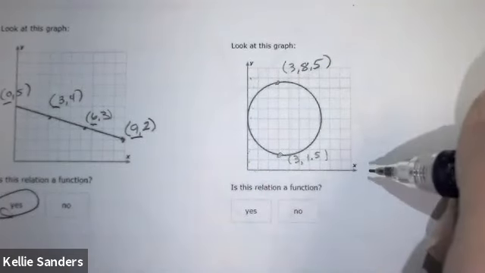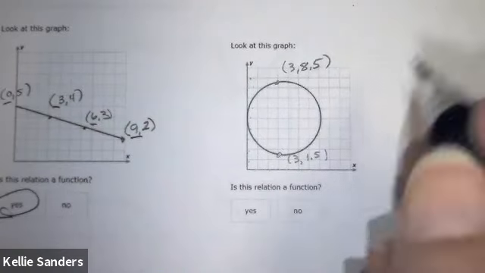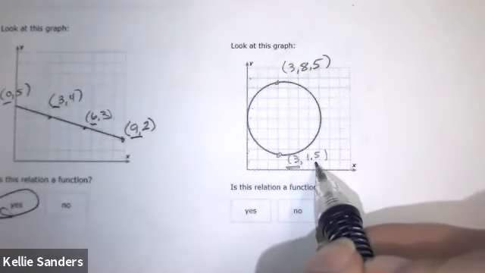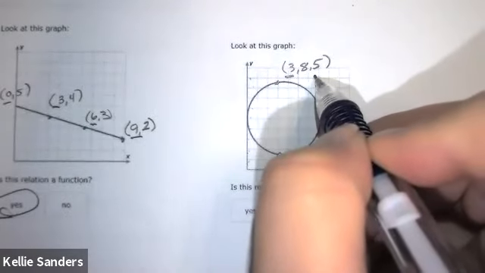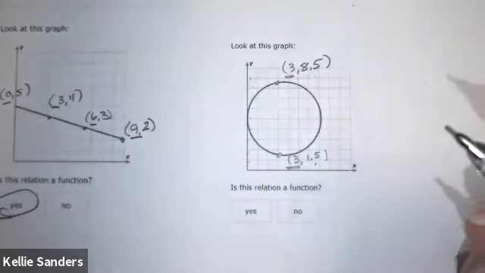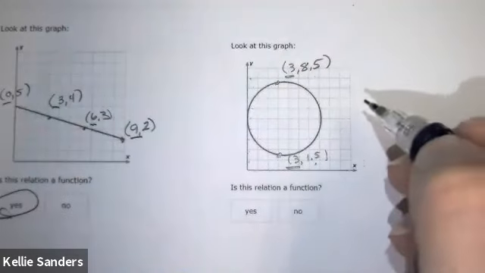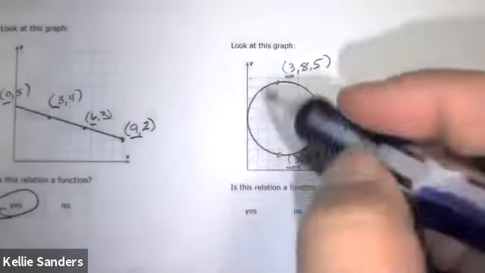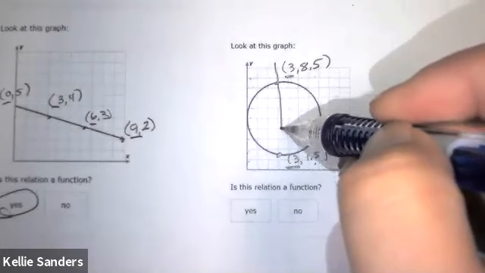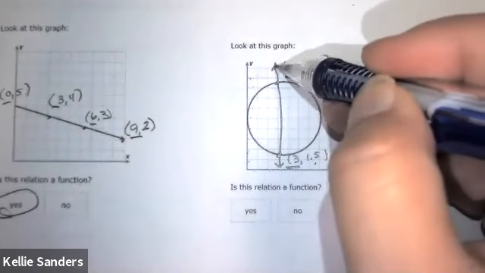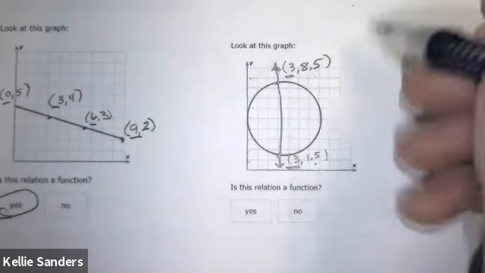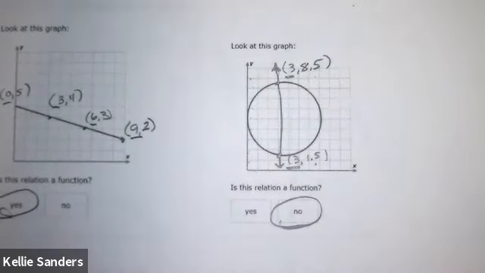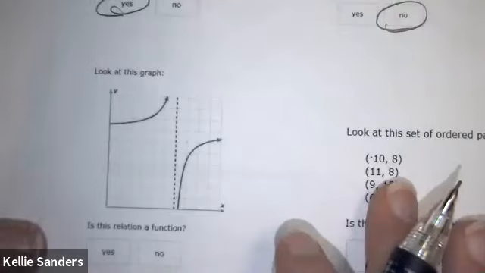The 1.5 and 8.5 do not matter. What matters is this x has a y of 1.5 and the same x has a y of 8.5, which means the x's repeat. And if the x's repeat, then it's not a function. So anytime you see any vertical line that passes through the graph twice, it is not a function.